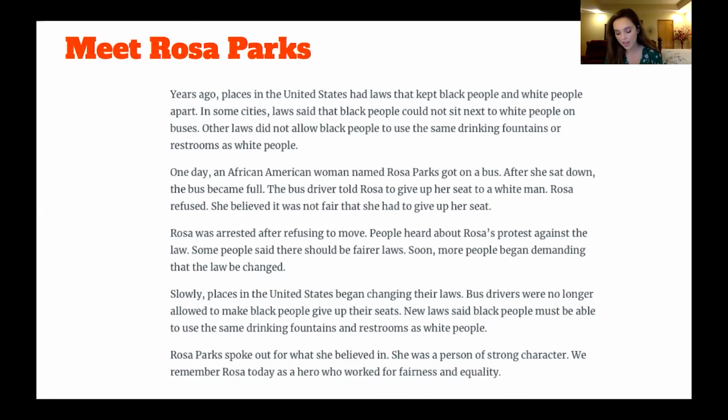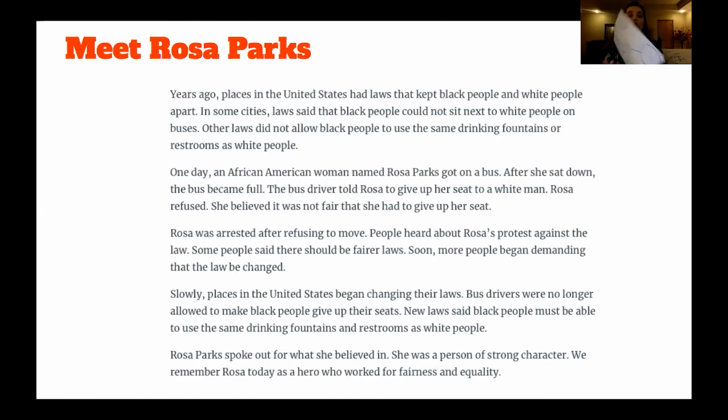And then I'm going to say sparked change for fairer laws. Okay. So up there you can see I said Rosa was arrested, and there we go. Rosa was arrested after refusing to move, sparked change for fairer laws.